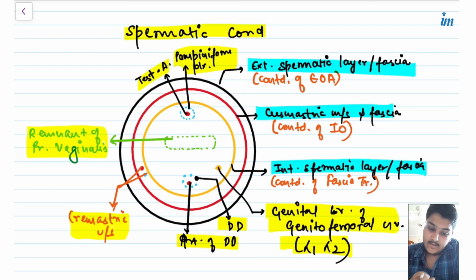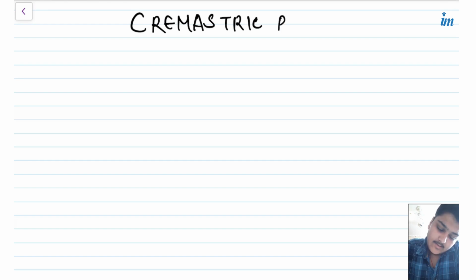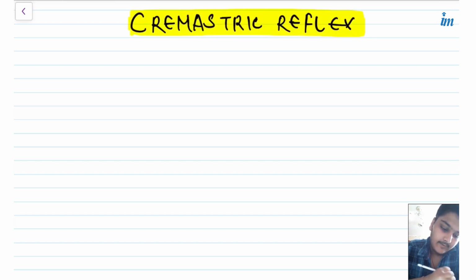Now let's look at some clinical correlations. The first one that I would like to share is the cremasteric reflex. What is cremasteric reflex? Every reflex, as we know, has an afferent and an efferent.